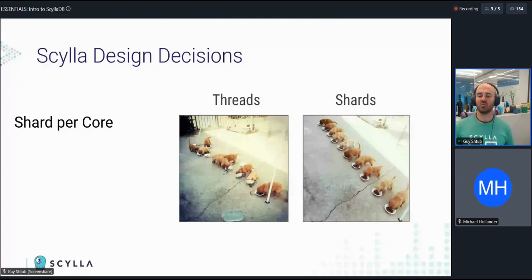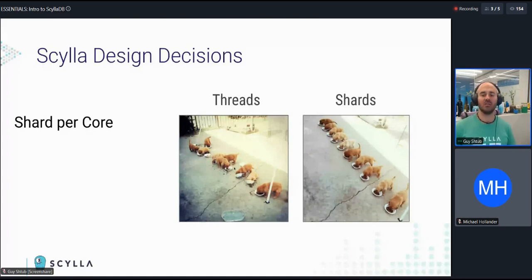Those resources are allocated per shard, and that shard is responsible for a part of the data in our database.